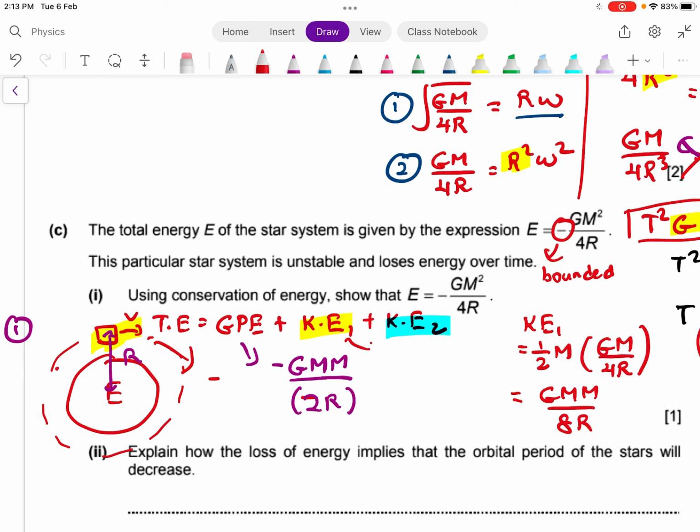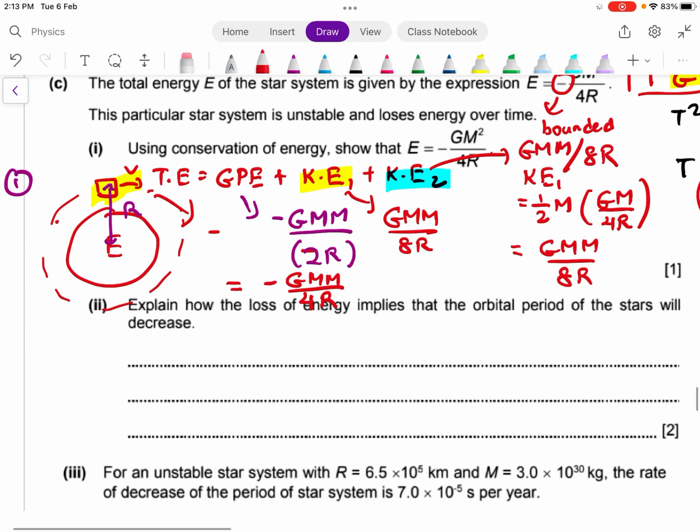This is only for one, so just right now GMm over 8R. Likewise, K2 is also GMm over 8R. So when you do the calculation, you should be able to get negative GMm over 4R. That will be the total energy of the binary star system.